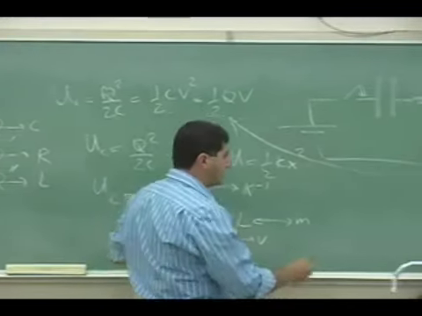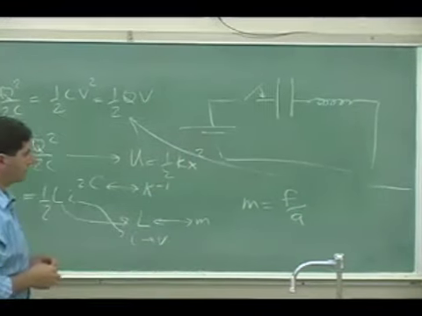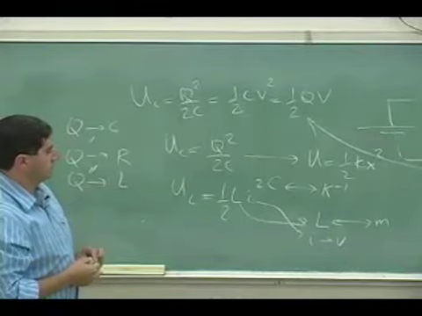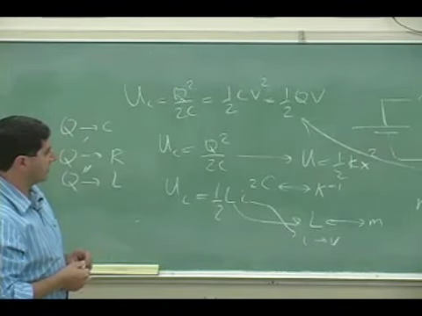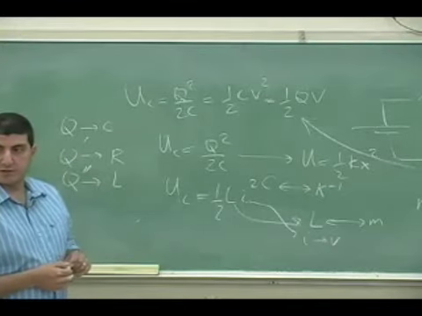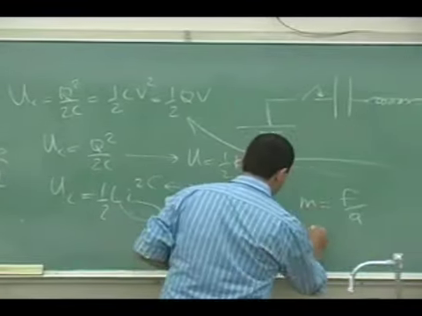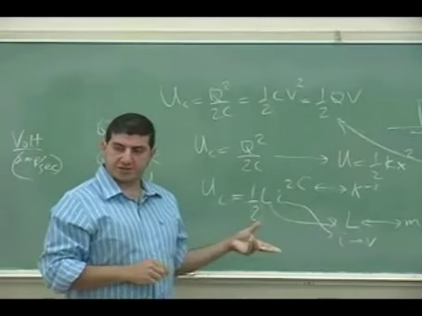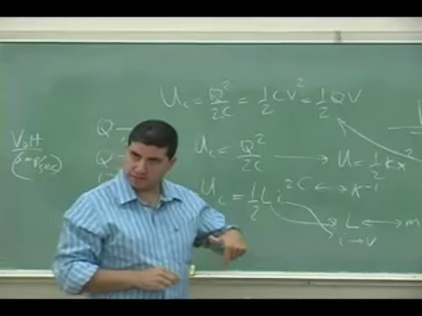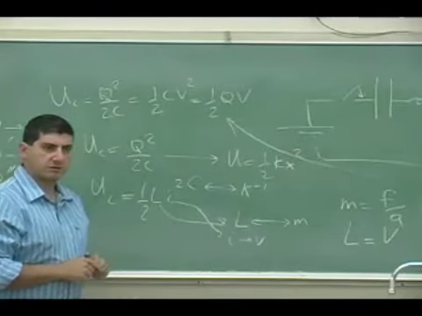So in the definition of M equals F over A, the M, I'm saying the L takes the place of the M. The force is replaced by the V, and the A is replaced by what?